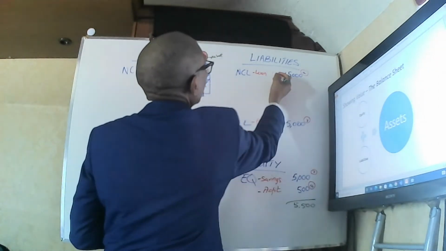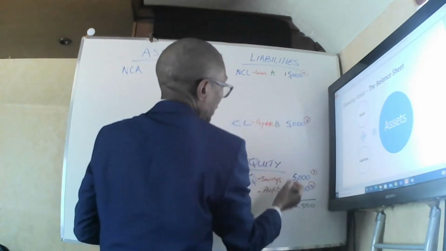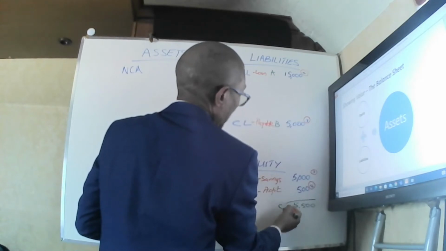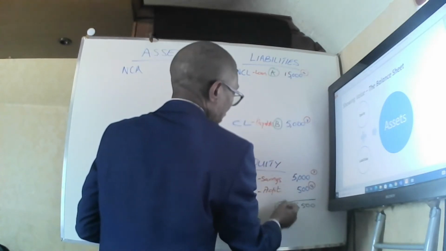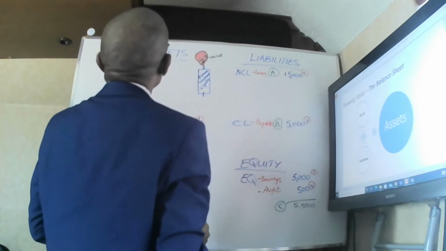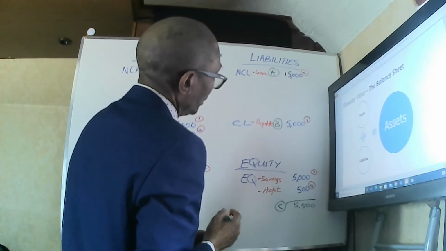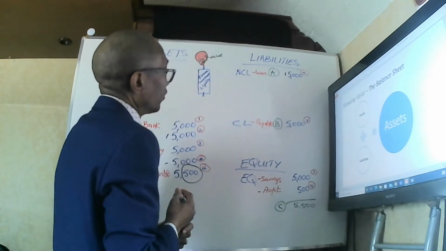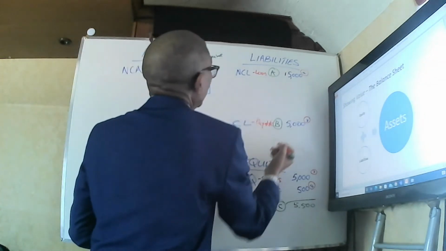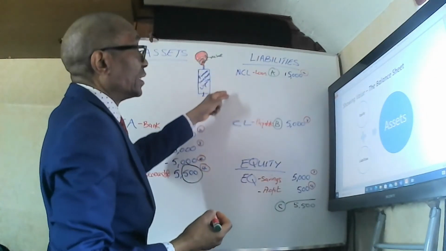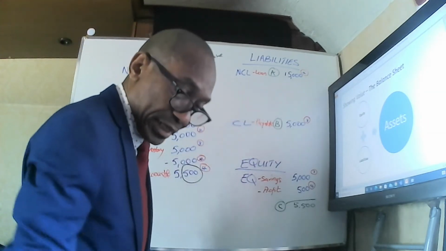So I will note A, B, C. A, B, C. So all these three will give us 25,500. So my A plus B, which is my liability, is A plus B. So I write my liability.